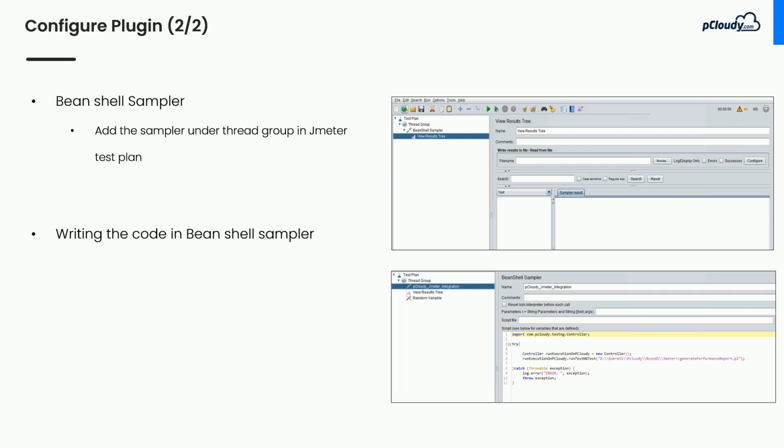In our perspective, how are we going to use it? When we create a thread group under the test plan, we create a BeanShell sampler, and using that BeanShell sampler, we can write a small code.